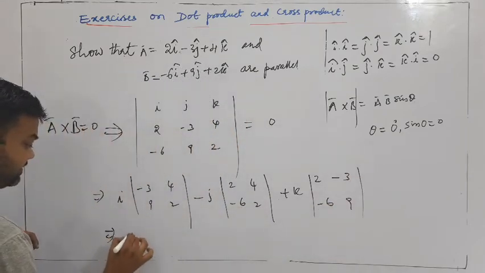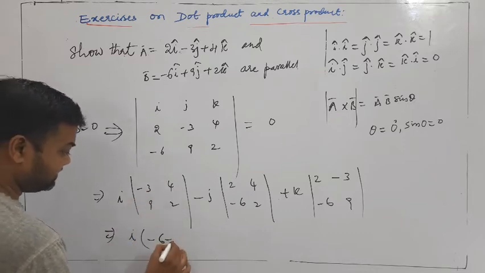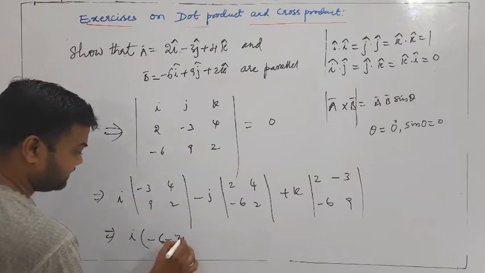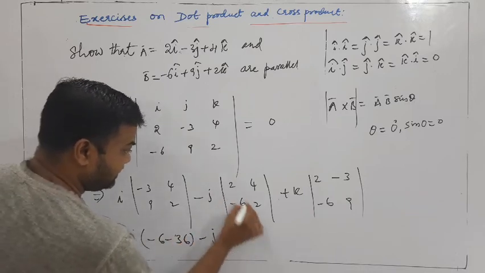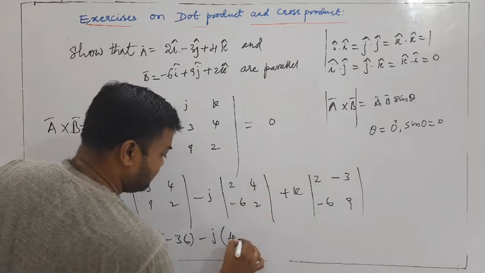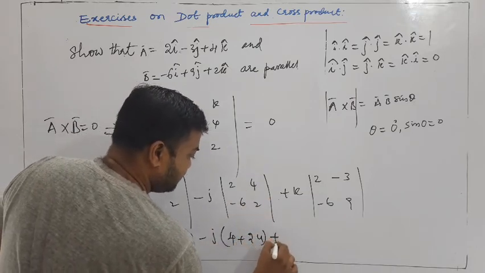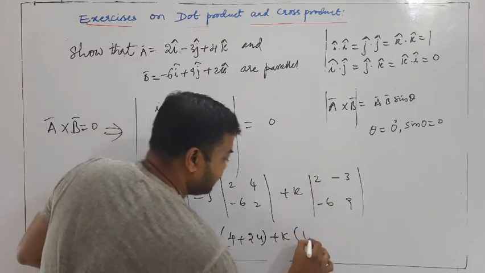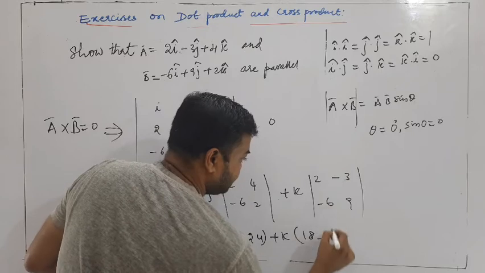That implies i into (36 minus 36), 4 9s are 36. Minus j into (minus 24 plus 24), 2 12s are 24, 4 6s are 24. Plus k into (18 minus 18), 2 9s are 18, 3 6s are 18.